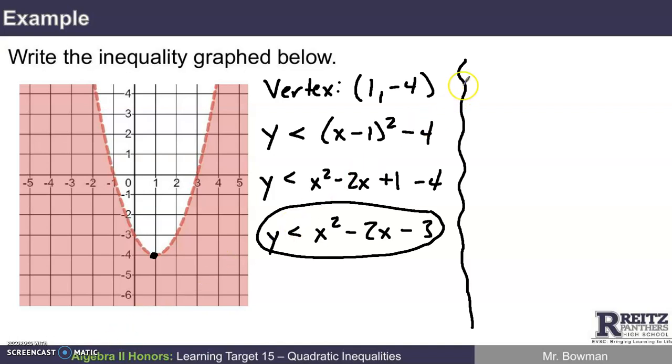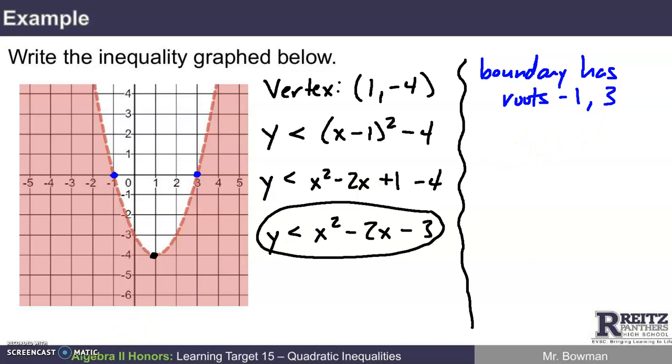Now, another approach uses identifying the solutions of the boundary line set equal to 0, identifying essentially the roots of the boundary equation. So the boundary has roots of -1 and +3.